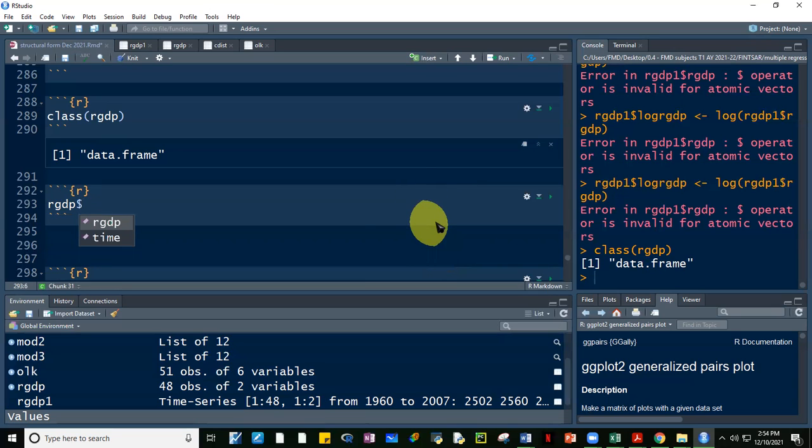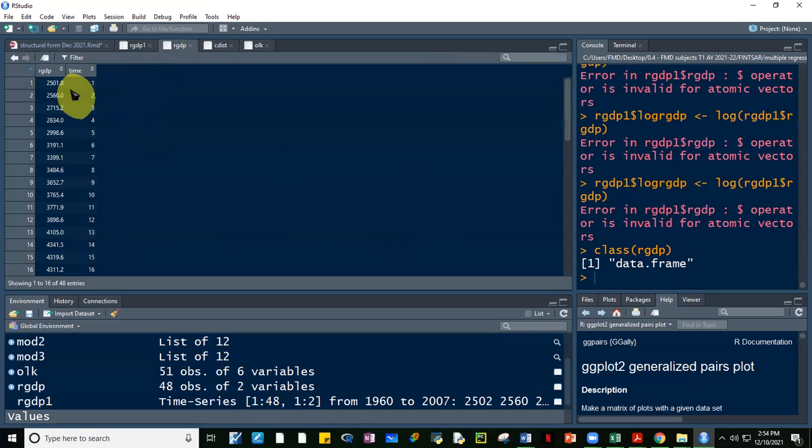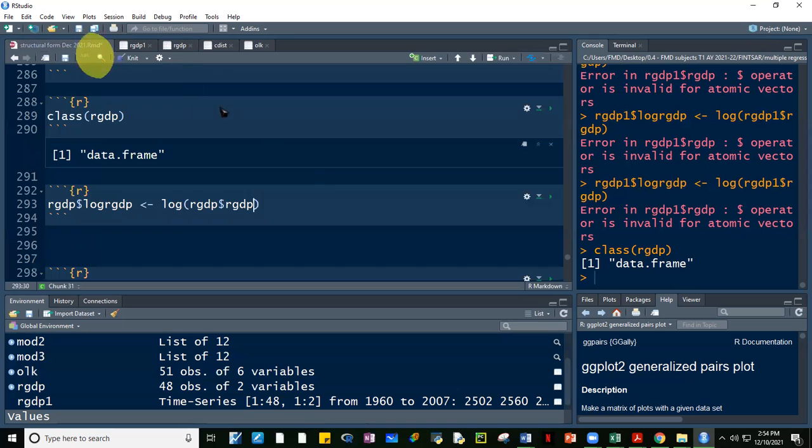I'll call it log RGDP, and then it will be the log of RGDP. So what am I doing here?